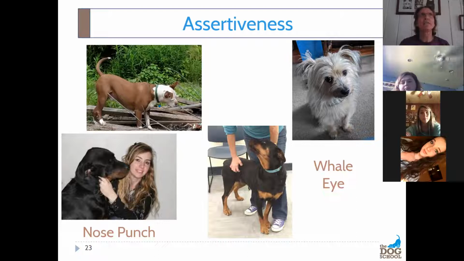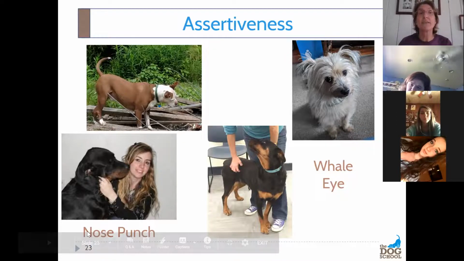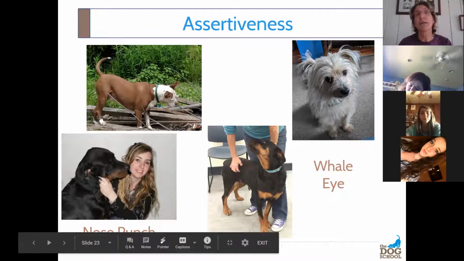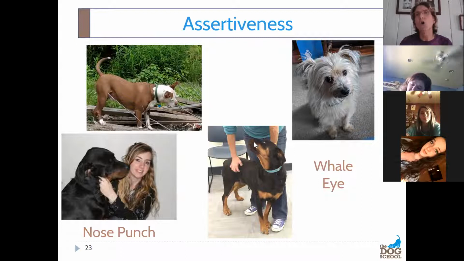So some of it can be based on your position in relationship to the dog. If my back is to a dog and it's tall enough and it nose punches me in the butt, it's saying, hey, I'm going to bite you in the butt if you don't move. This dog is going to bite her in the face because that's where it's nose punching. Oval's not nose punching, but if I bent over, she would hopefully nose punch me before she bit me.